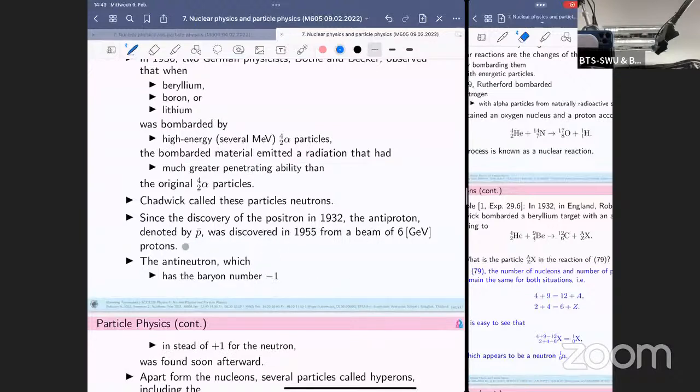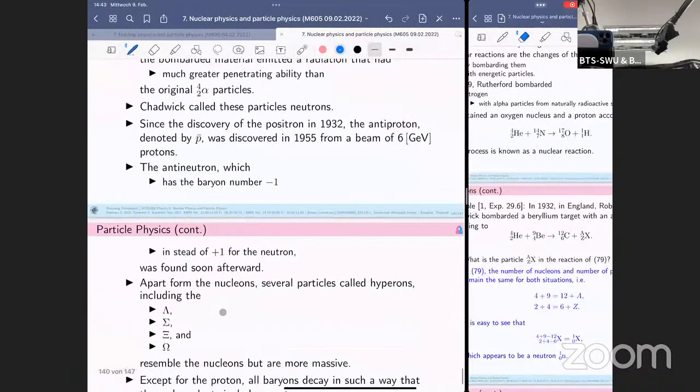After we found the antiproton, the antineutron was discovered later.